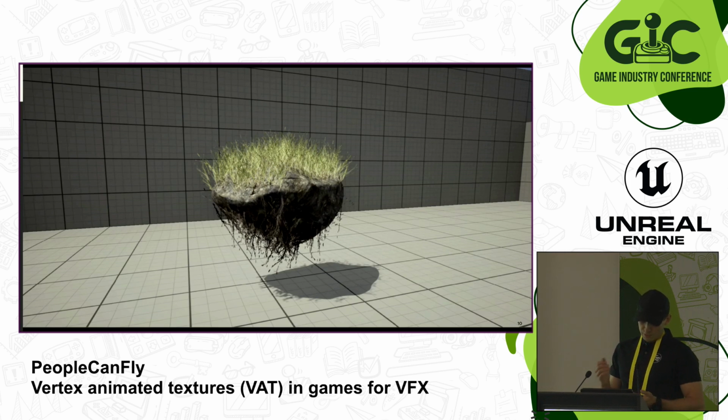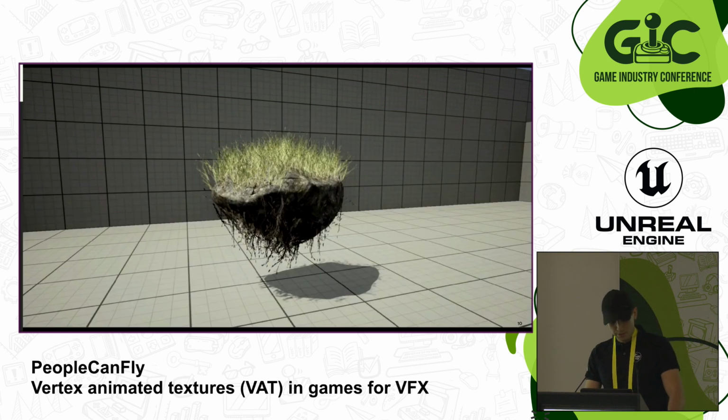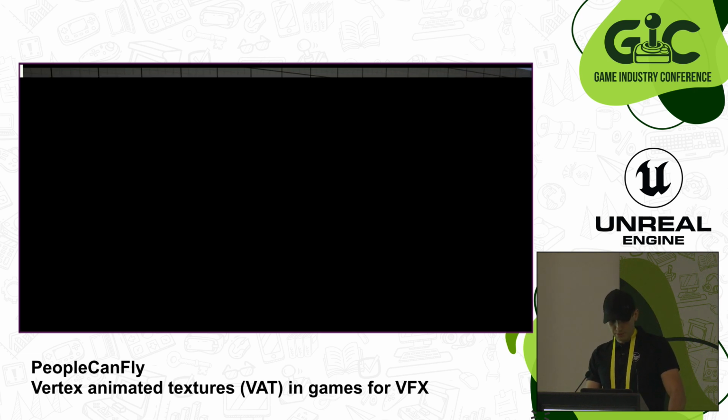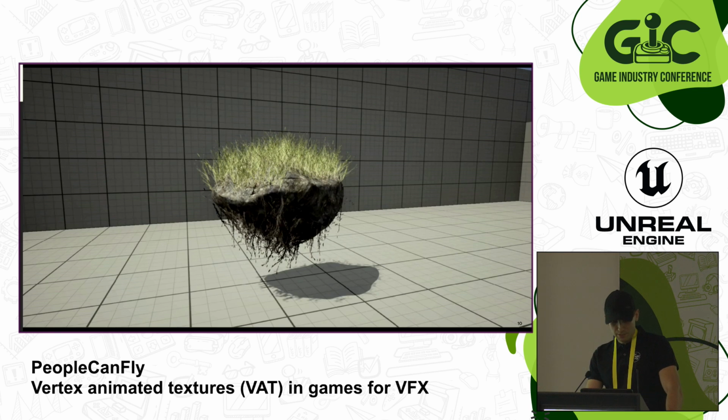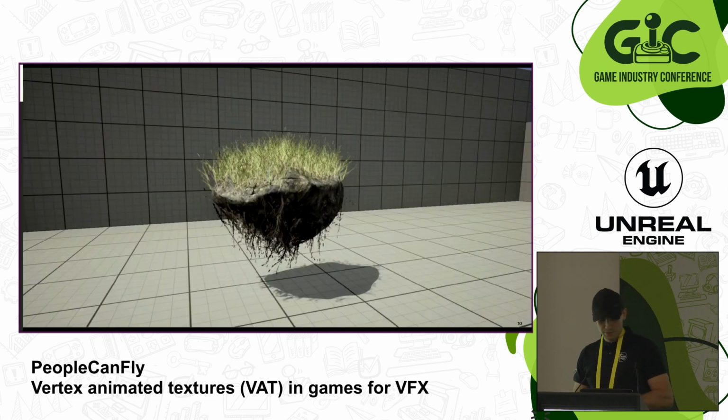So we are looking for a more flexible solution that would allow us to incorporate randomness and adaptation to different scenarios. And we came up with a solution to use VAT textures only at the beginning stage of destruction, where we basically build the geometry using it.